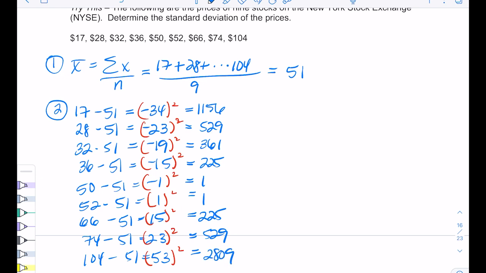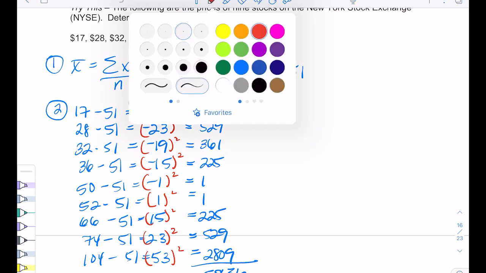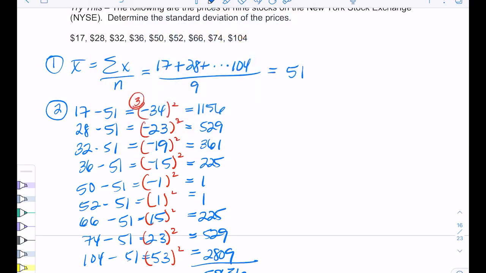Okay, the next step is to add all of my values. So when you do that, you end up with 5,836. So I'll call this part where we squared everything step 3, and then this part here is step 4. Step 5, you're going to take the sum that you get when you add up the squared deviations.